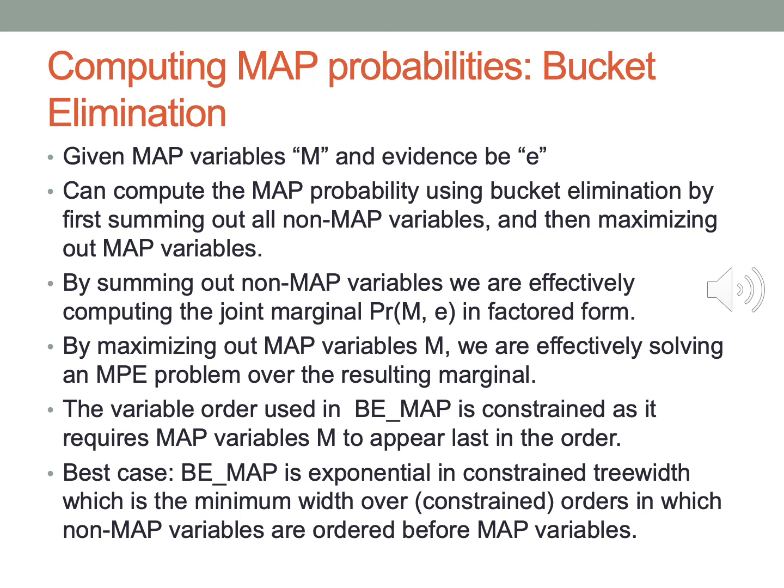By maximizing out MAP variables M from this joint distribution, which is defined over capital M and small e, we are effectively solving an MPE problem over the resulting marginal, which is expressed in factored form.